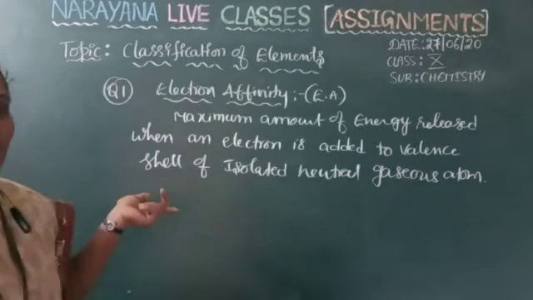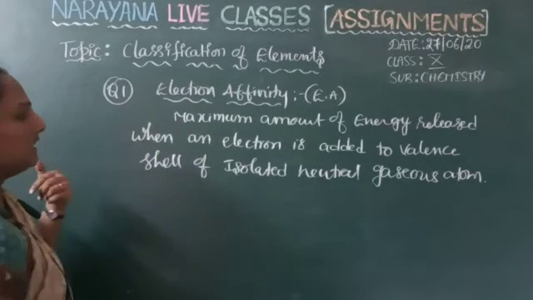So this is called electron affinity. It is represented with EA.